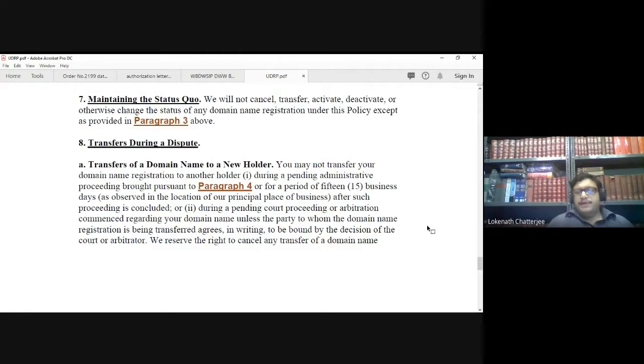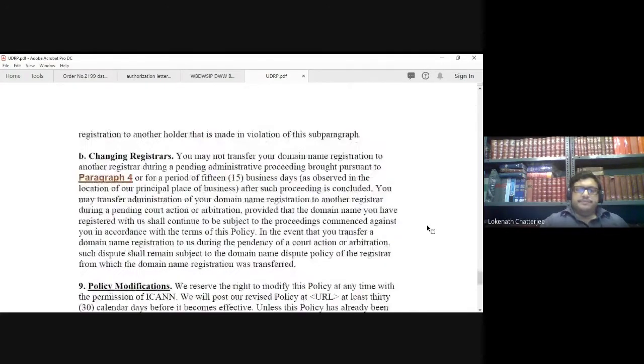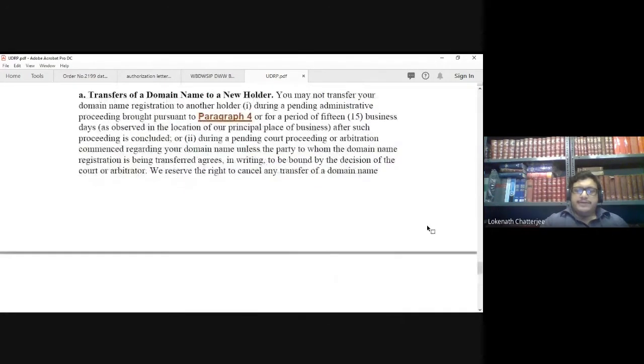Earlier we had seen the period of implementation is 10 days unless any party approaches the court or initiates any other proceeding, and here it is 15 days. During a pending court proceeding or arbitration proceeding, it may not be transferred. So essentially, while the dispute is being adjudicated, transfer should not happen. Now they may cancel the transfer of the domain name.